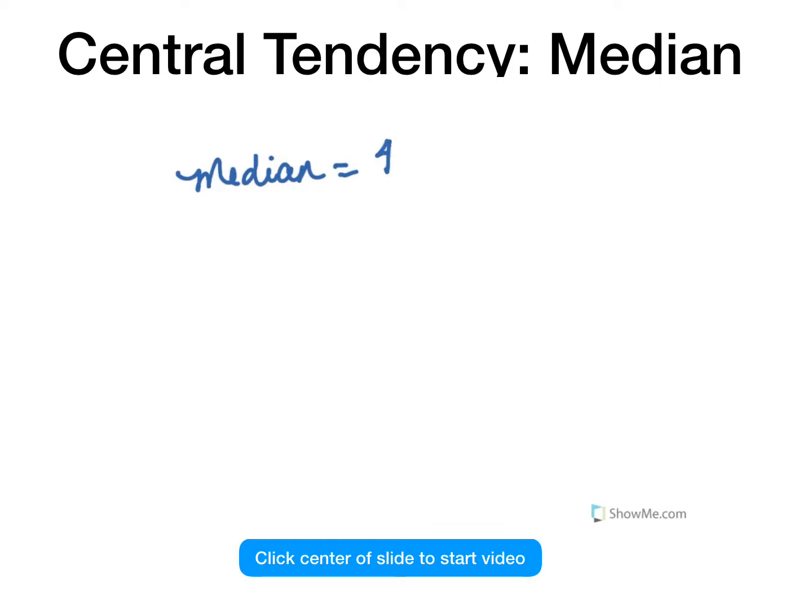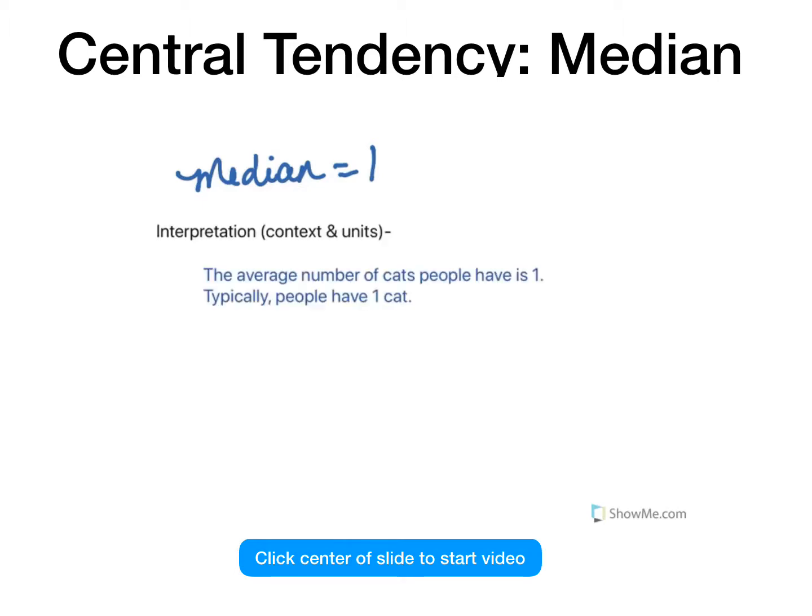So how do you interpret it? The median is 1. Sorry, that was kind of a weird one. There we go. The median is 1. Well, we're going to interpret it the exact same way that we interpret the mean. All measures of central tendency have the same interpretation. Remember, you want to use context and units. The context, when you're using a measure of central tendency, is average or typical.